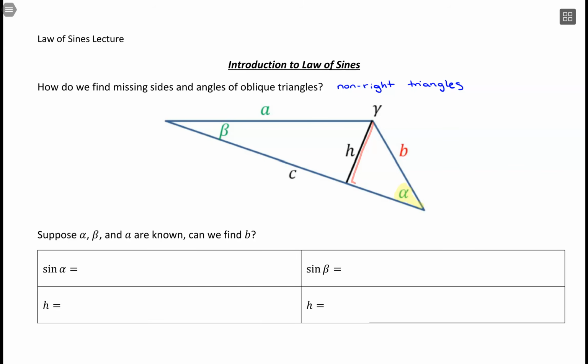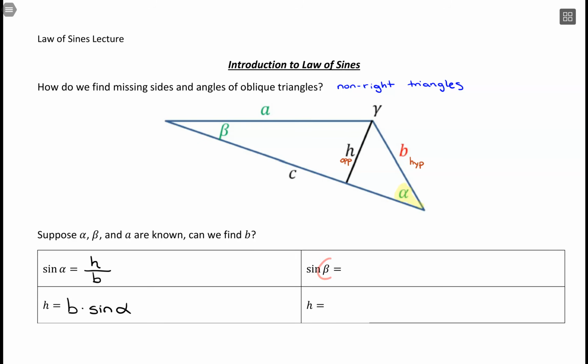So I'm visualizing this right triangle right here, where my opposite would be H and hypotenuse would be B. So sine of alpha is this height of the triangle H over that side length of B. Now I'll rearrange to solve for H by multiplying both sides by B, so H equals B times sine of alpha. So we have that relationship there.